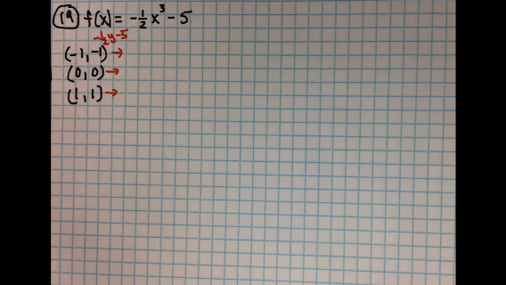So when you transform the points, you get -1, and then -1 times -1/2 is 1/2, minus 5 is -4.5. And then 0, -5, and then 1, -1/2, minus 5 is -5.5.